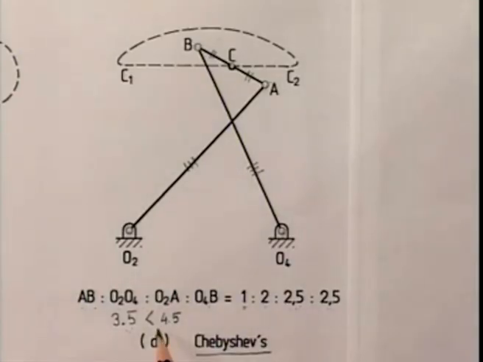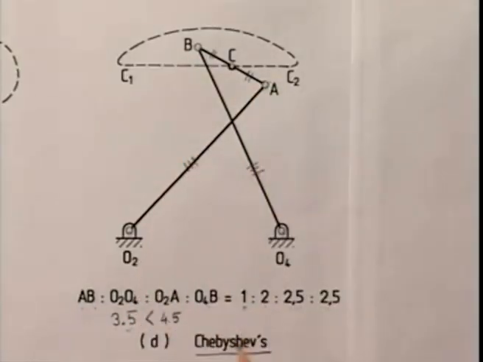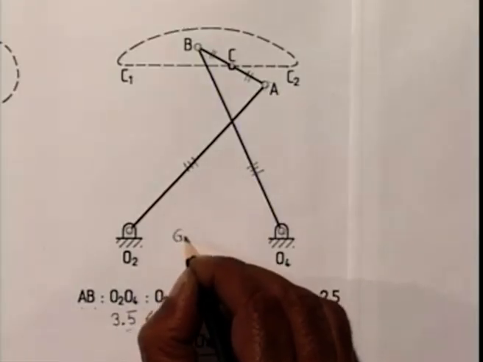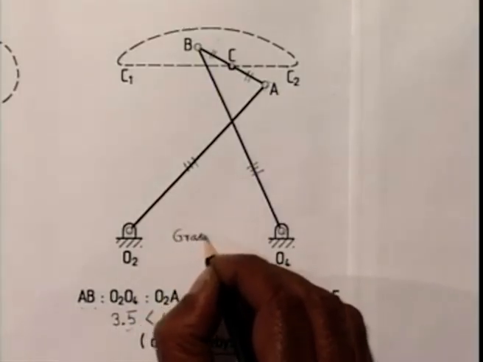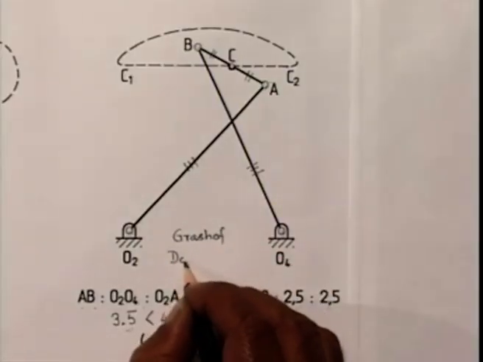So, this is obviously a Grashof linkage with the shortest link as the coupler, which means it will be again a double rocker, but this is a Grashof double rocker.